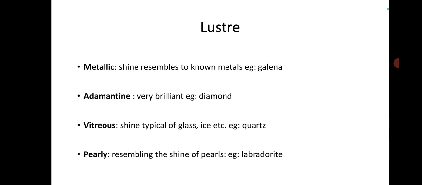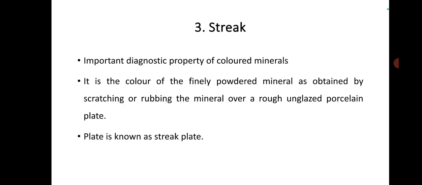Silky is like that of pure silk, exhibited by gypsum. Resinous is like oil, grease or wax, exhibited by nepheline. Dull or earthy means what? Like earth, no shine. Shine is absent and no light is reflected due to the highly porous nature of the mineral, like chalk, clay, bauxite, etc. So these are the different types of luster.